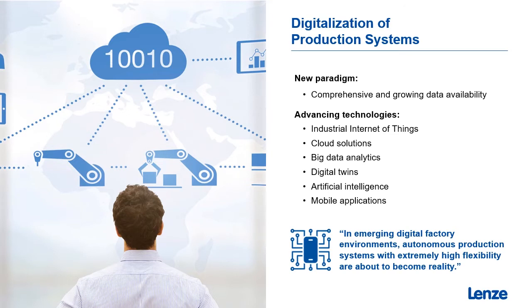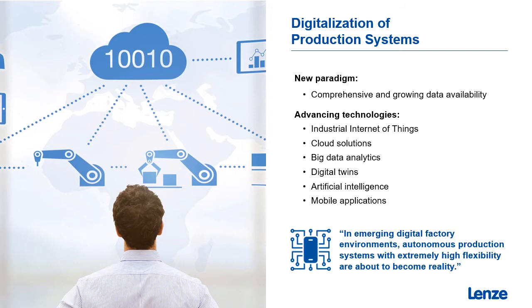So we have, again, these Industry 4.0 and Industrial Internet of Things technologies based on cloud solutions. We're doing big data analytics. We're maybe even building up digital twins using artificial intelligence, and we have all this available in the palm of our hand, basically, with mobile applications.